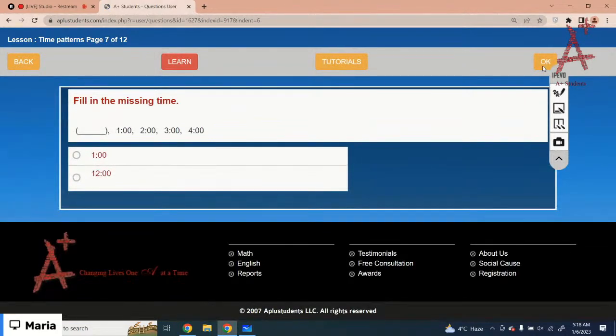Okay, fill in the missing time. So which time is missing? Each next time is 1 hour ahead than the previous one. So you have to calculate the time that is before 1. So which time is it?